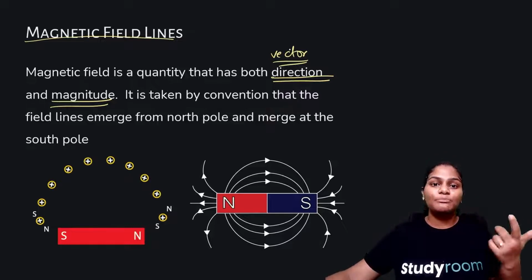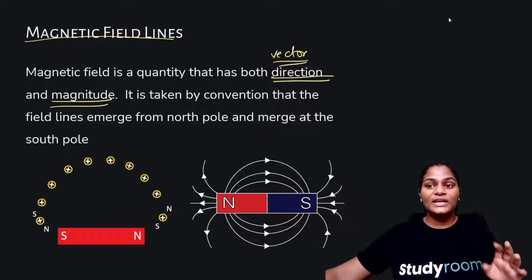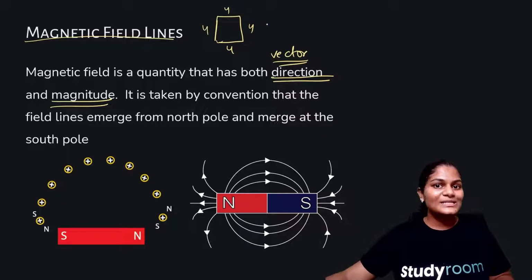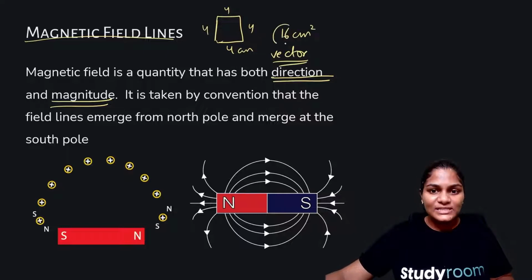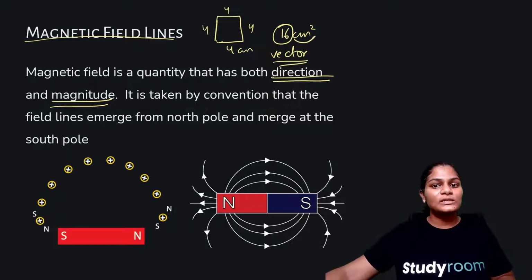What does that mean? It means that if you take, say, the area of a square, so you have this square and it has a side of 4 centimeters. Now you say, what is the area of this square? It is 4 times 4, which is 16 centimeters square. So this 16 is the magnitude, or the quantity, actually, and this is the unit.